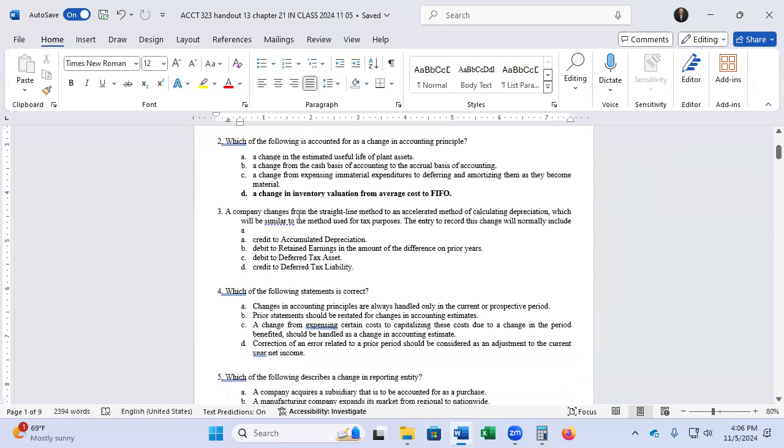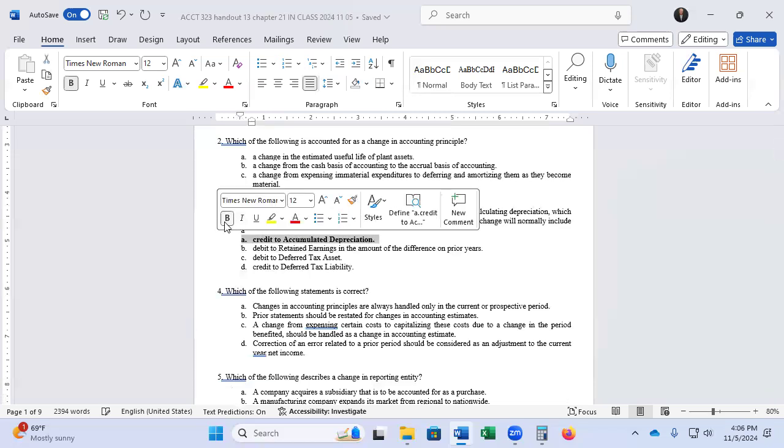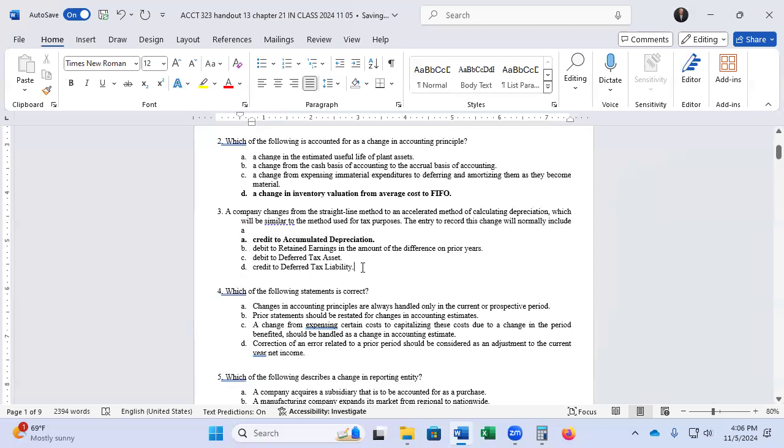The company changes from straight line method to an accelerated method of calculating depreciation, which will be similar to the method used for tax purposes. So here you're changing methods or changing estimates. And so the entry to record this would be a credit to accumulated depreciation because it's just a normal prospective, going forward calculation.